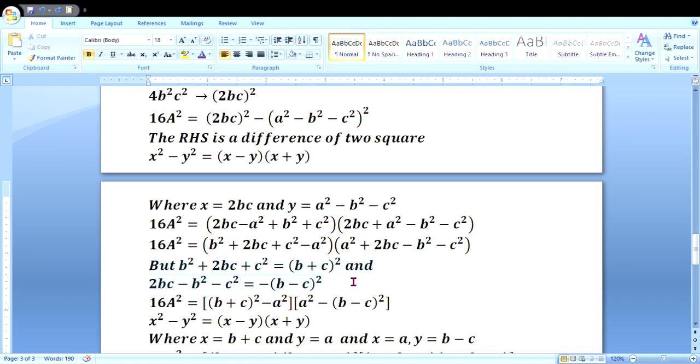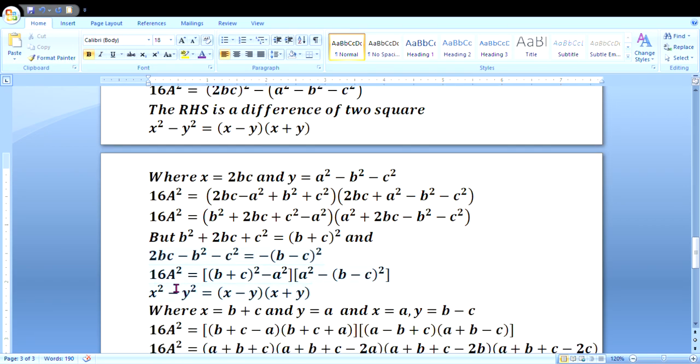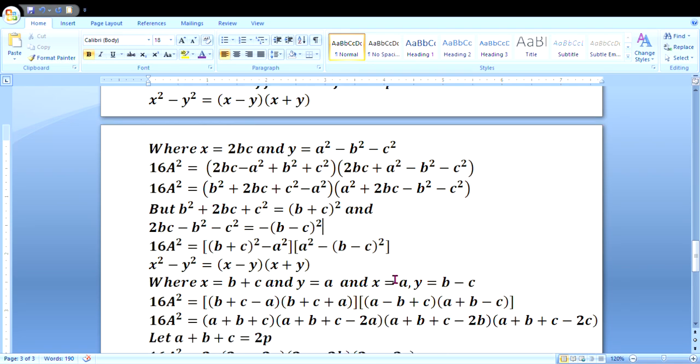So by the time we put this in this expression again, it becomes 16a square is equal to the large bracket, open bracket b plus c close bracket all square minus a square, close bracket, then open large bracket, a square minus open bracket b minus c close bracket all square, close bracket.